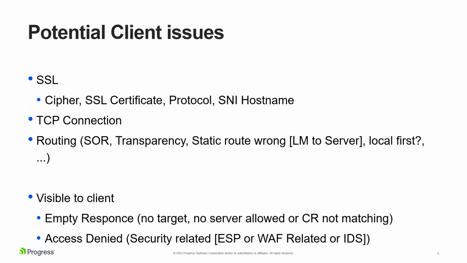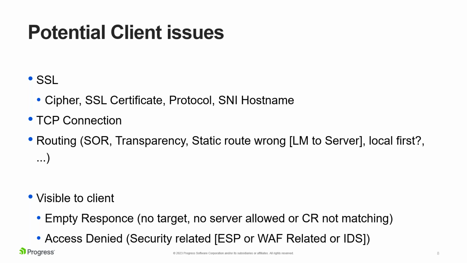Then they cannot open a TCP connection because the firewall is not allowing them through the port, maybe. Or there's a routing error. The load balancer has no default gateway to go back, or goes back on the wrong interface because the gateway has not been set on the virtual service, right? And then there's also the thing, is there a static route that's wrongly going from a wrong interface to the backend server maybe?